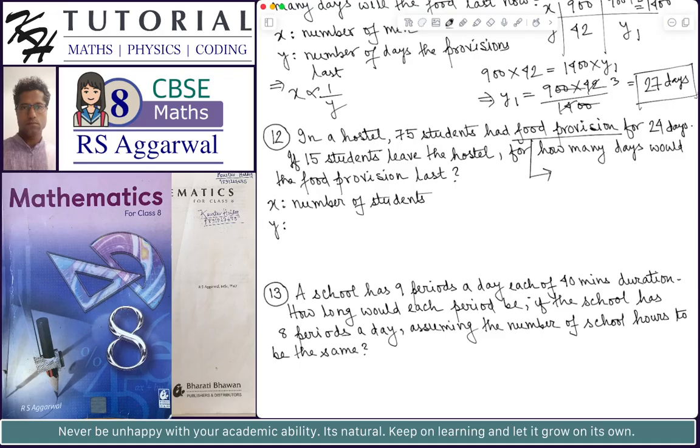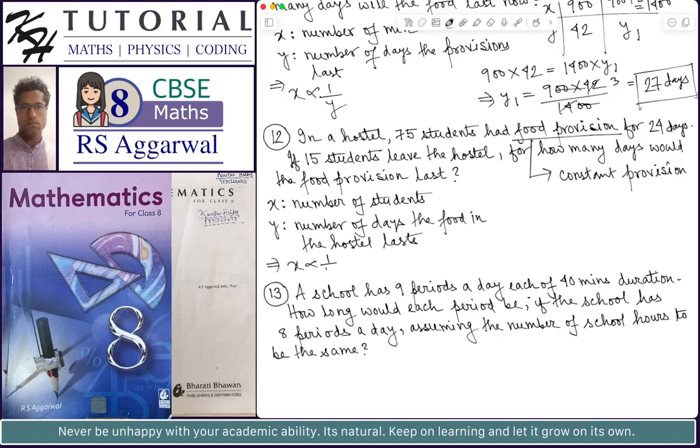In this example, the food available in the hostel is the constant provision. So X is the number of students and Y is the number of days the food in the hostel lasts. So definitely X will vary inversely as Y.